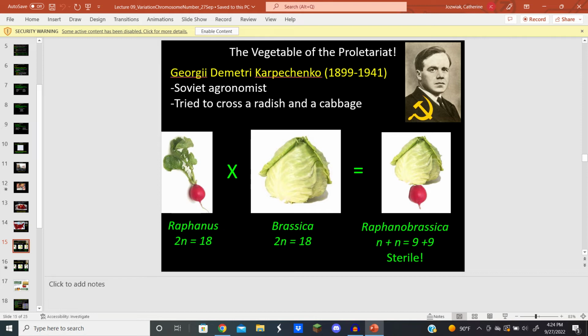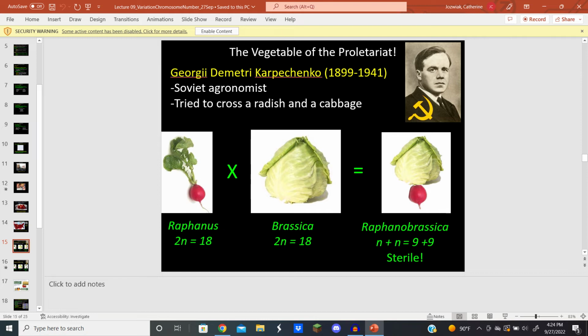Cabbage has a super useful shoot, right, all these delicious leaves above ground, not much below ground. And the idea was, what if we could have a plant that's got this radish at the base and a cabbage on top? We could use the whole thing, right, to have delicious cabbage-radish-base meals. This was something that was important to do.